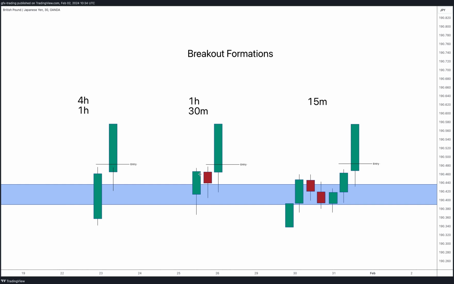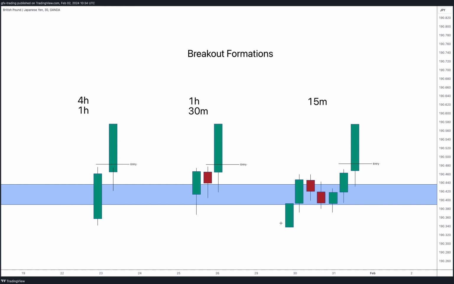So breakout, support created, maybe another candle, maybe not, it doesn't matter, and then follow the wicks up. Make sure we're closing above, and then enter on the breakout of the high, because if we're creating higher lows, the next part of the process is that we're going to create a higher high, so we can break out and look to take our profit at 2R.